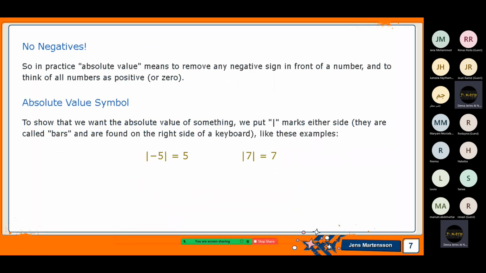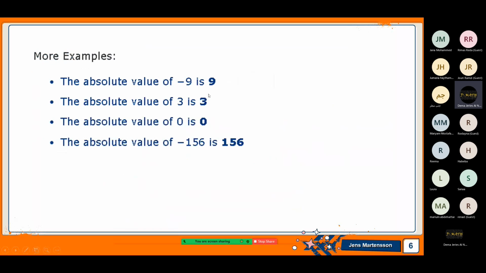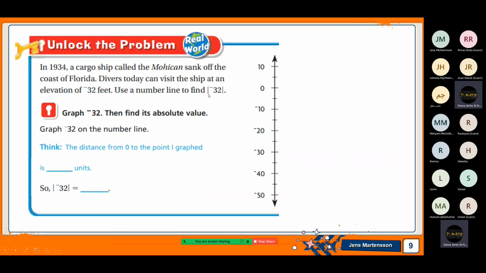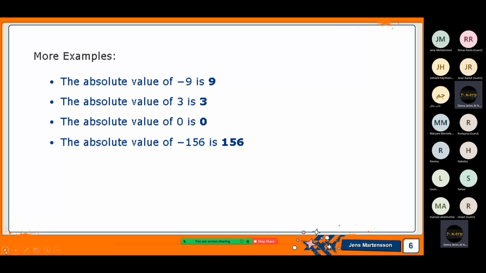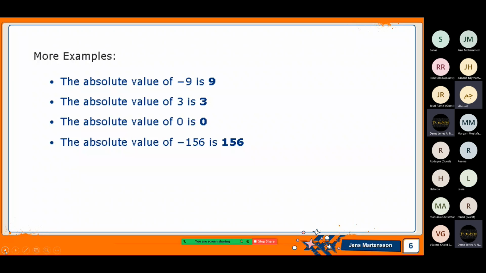Then we talk about more examples like here. The absolute value of -9 is 9, the absolute value of 3 is 3, of 0 is 0, and of -156 is 156. Yes.